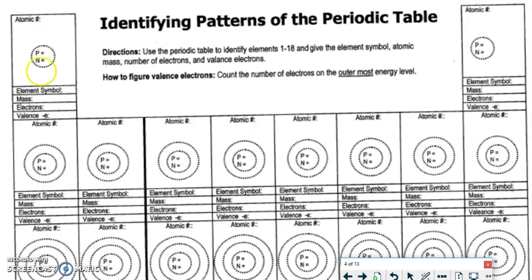So this first atom here, the very first thing on the periodic table, this is going to be atomic number 1. Over here, number 2, this is helium. And number 3, 4, 5, 6, 7, 8, 9, 10, and so forth.